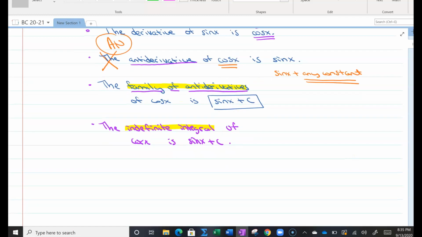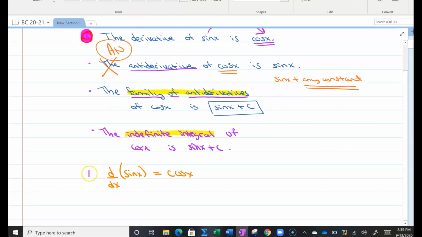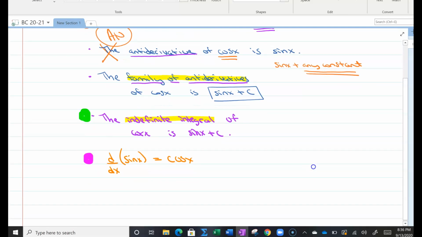Now, symbolically, without even thinking, I bet you would say, if I ask this, d by dx of sine x equals cos x, right? Symbolically, this sentence right here is translated mathematically here. So the question is, how do we ask this question mathematically?